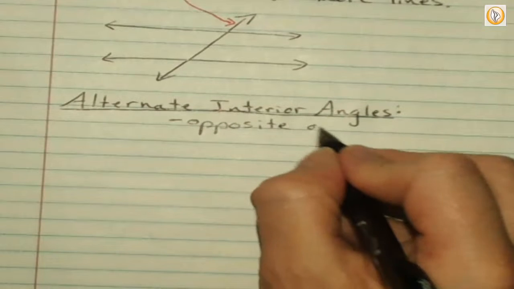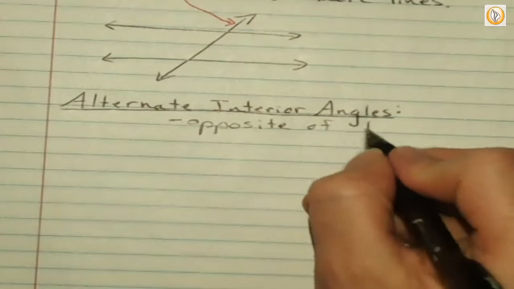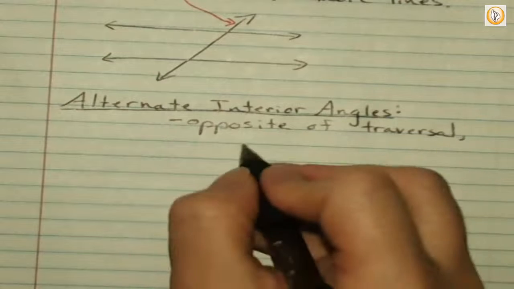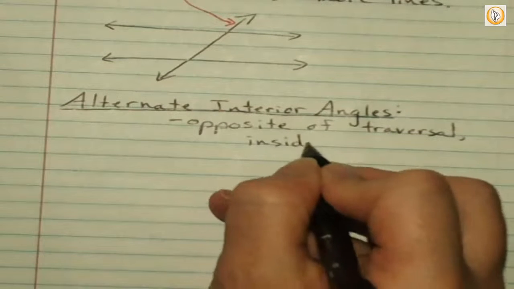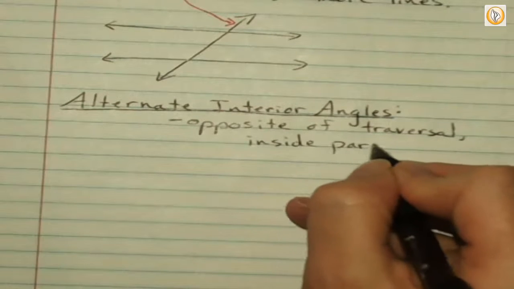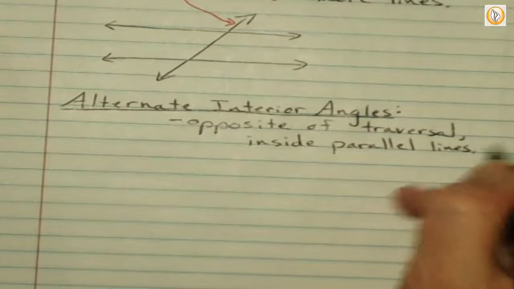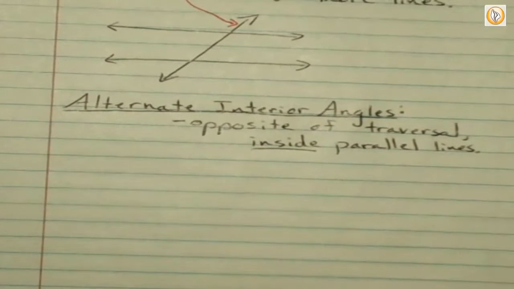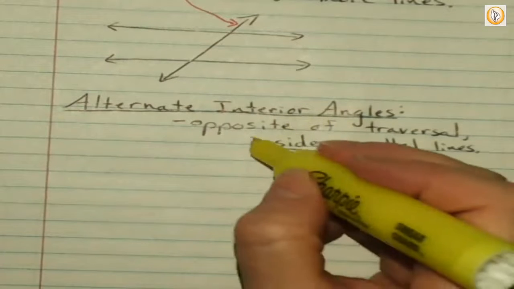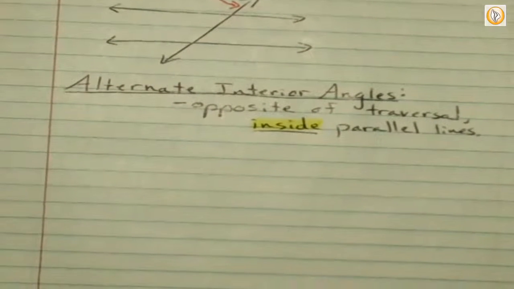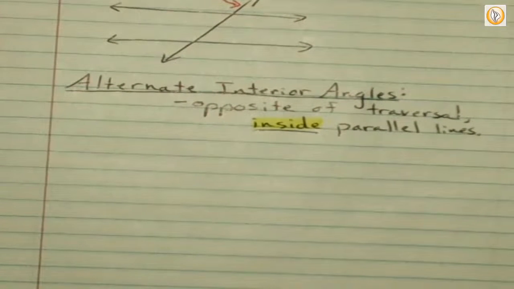They are opposite of the transversal, inside the parallel lines. So you need to remember alternate interior are inside the parallel lines.